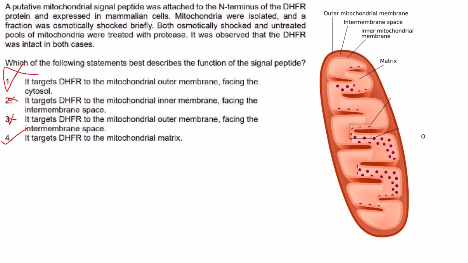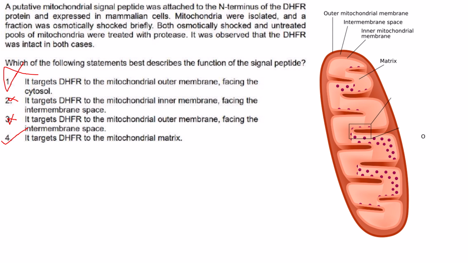DHFR is protected from protease even after osmotic shock, that is after disruption of the outer membrane and the exposure of the proteins on the intermembrane space, and then you treat with the protease, DHFR was found to be intact.